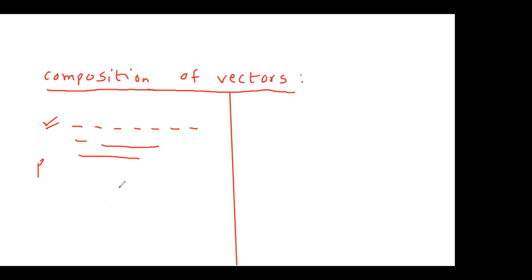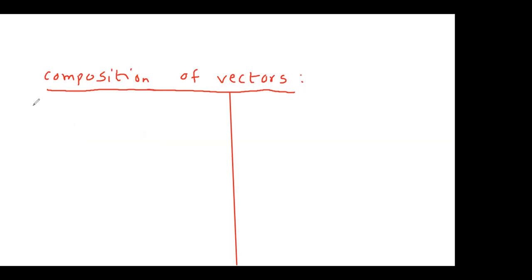So the process now, not splitting but combining two or more than two vectors into a single vector, is called composition of vector. Splitting is resolution, combining is called composition.